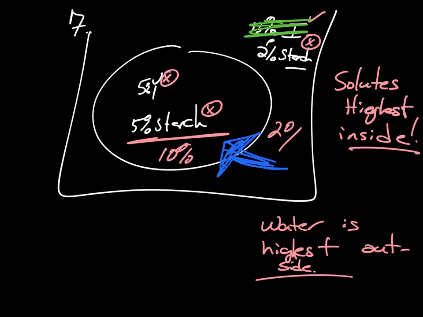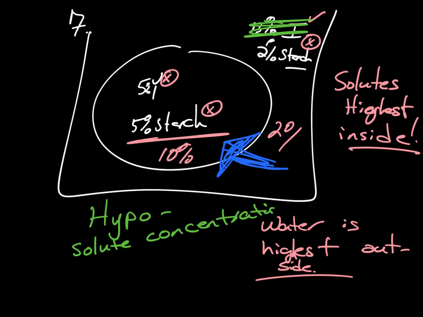So when water is highest outside, is this hypotonic or isotonic or hypertonic? Hypo. Why is it hypo? Stop, you're going to confuse yourself. It's hypo because the solute concentration is lower outside relative to inside.